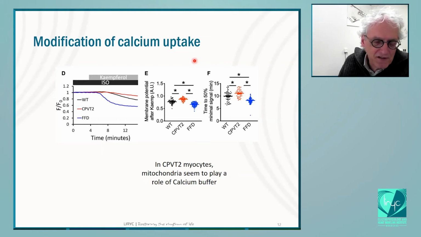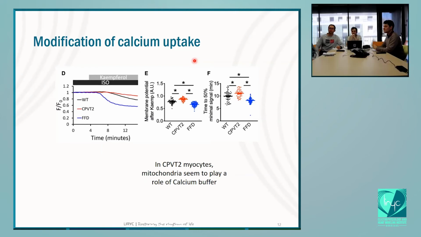How can you do this in non-permeabilized cells? I wonder. Not possible. No, as far as I know, no, but maybe there are now on the market some ratiometric potentiometric dyes that would allow you to do that.